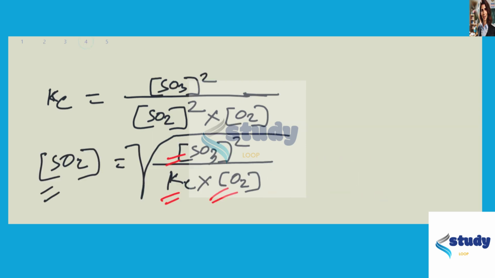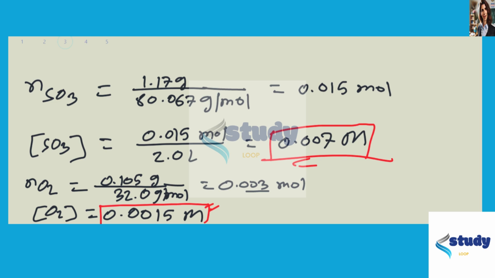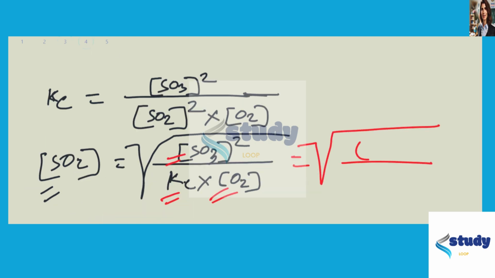Now if we just plug in all the values here, we can easily find out the equilibrium concentration for sulfur dioxide. So the equilibrium concentration of sulfur trioxide we have calculated as 0.007 mole. So it will be 0.007 all to the power square, and the value of Kc we have calculated as 1.72 times 10 to the power 6 times the equilibrium concentration of oxygen, which we calculated as 0.0015 molar.